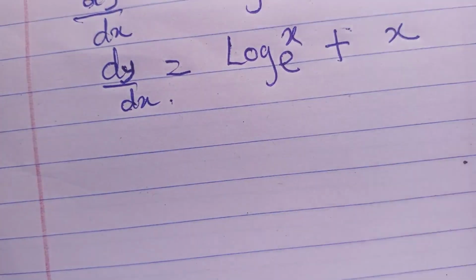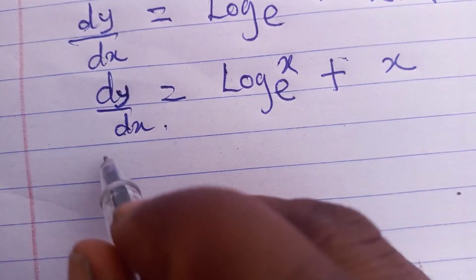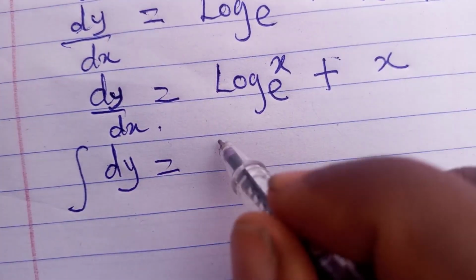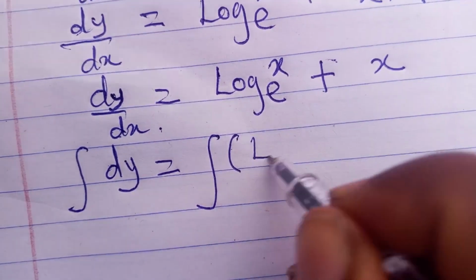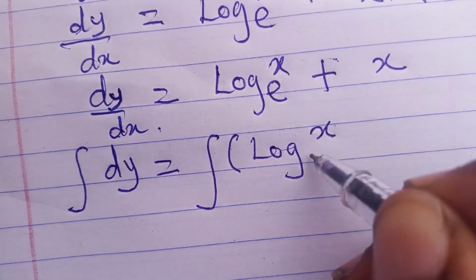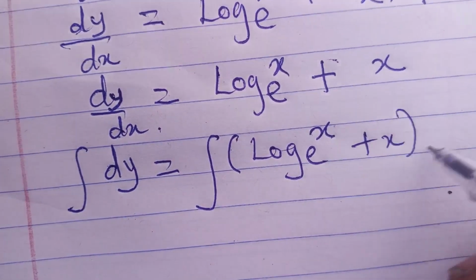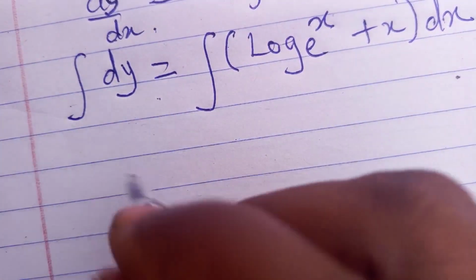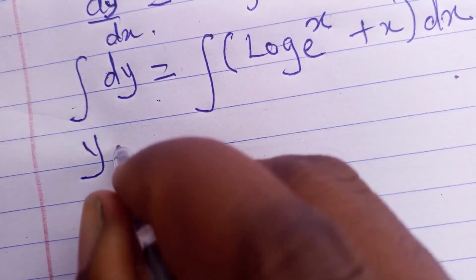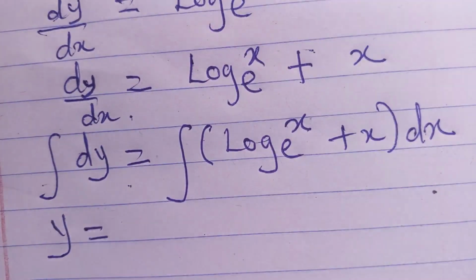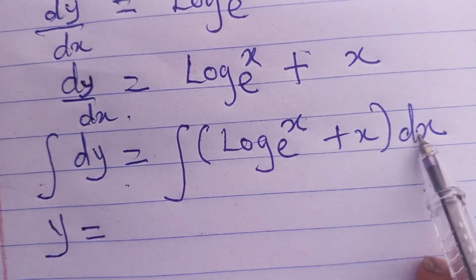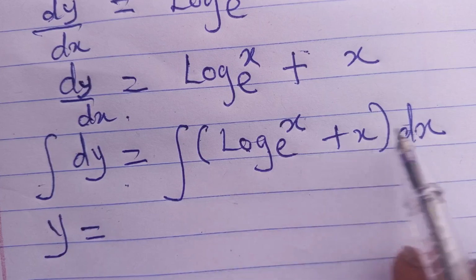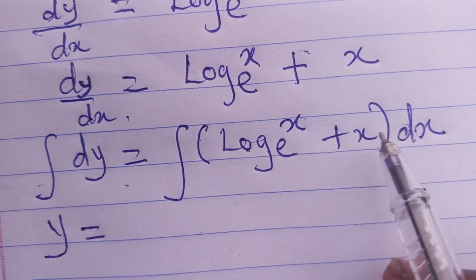So integrating both sides, we're going to have the integral of dy equals the integral of log x base e plus x dx. So the integral of dy is y equals, now we're going to distribute this. We're going to do it independently, each term is going to have dx.